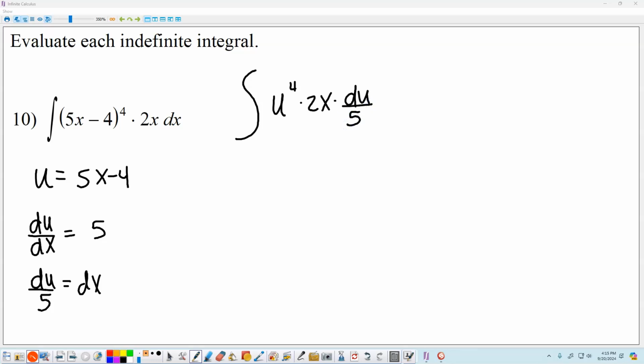All right, now in this case we have an x left over. When that happens, what we're going to do is a little bit of maneuvering here. First of all, I'm going to take this 2 and this 5, and I'm just going to move those to the very front here.